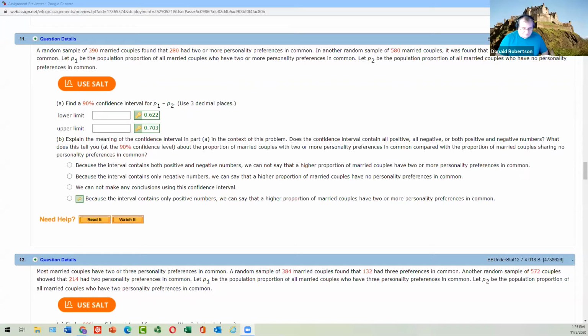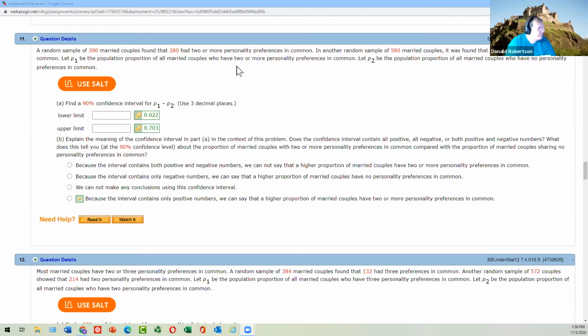Here we go. In this question 11, a random sample of 300 unmarried couples found that 280 had two or more personality preferences. So population 1 is people that have a lot in common. They asked 390 people, and they found 280 of them had a lot in common.